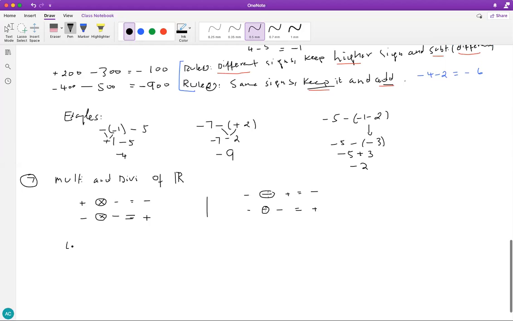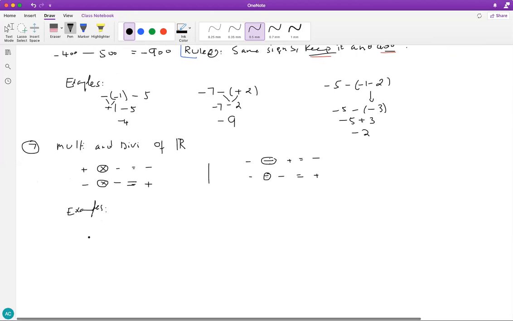So let's do some examples here for both. By the way, multiplication can be expressed in different ways. Let's say if you have A multiply B, it can also be A parentheses B. This means multiplication as well. Could be A like this.